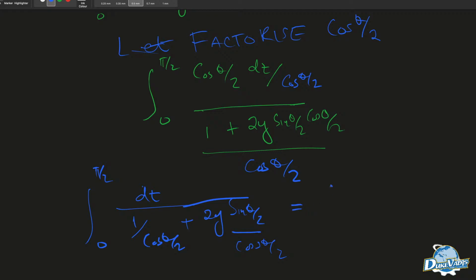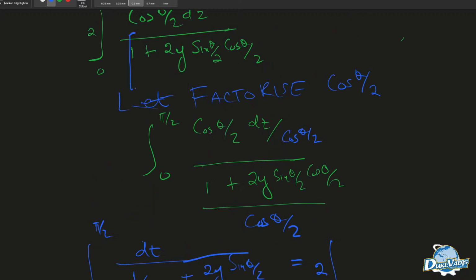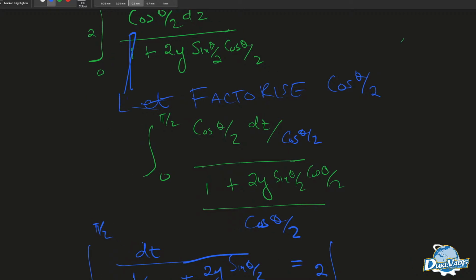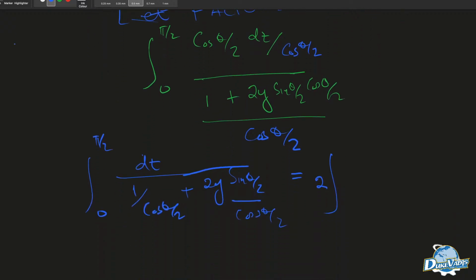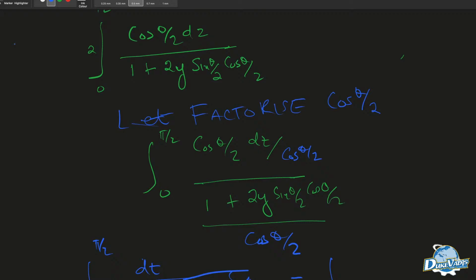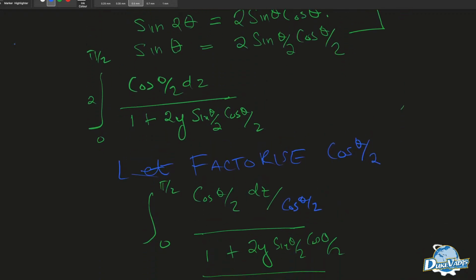So eventually we'll end up having, as we put a 2 out, the 2 comes out, right? Because of the integral from the start here, the 2 was supposed to be here. Because we omitted the 2, there was a 2 here.